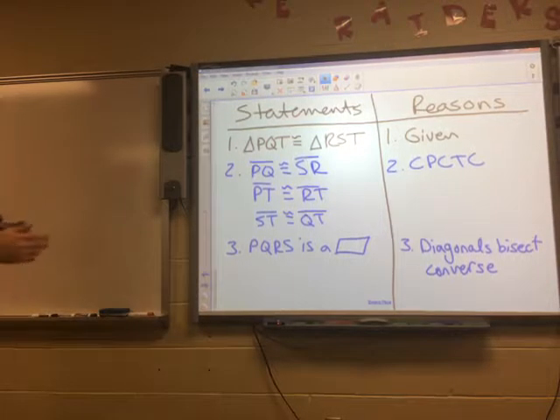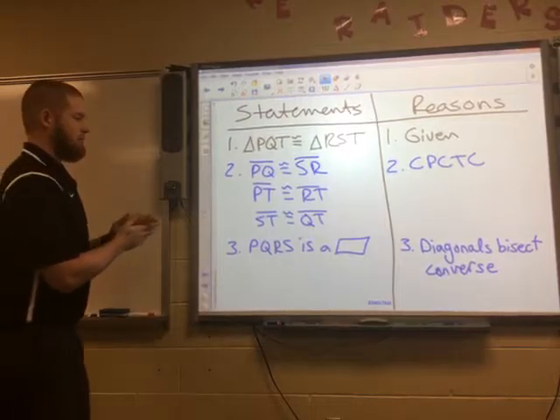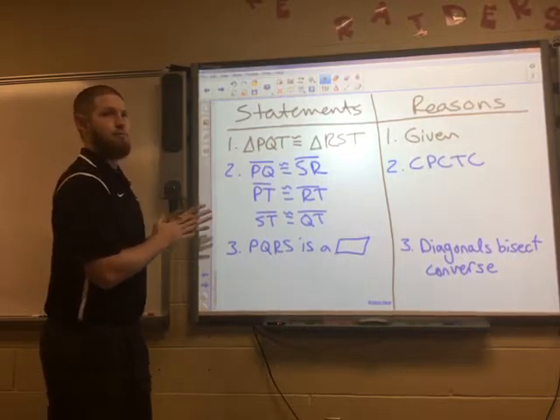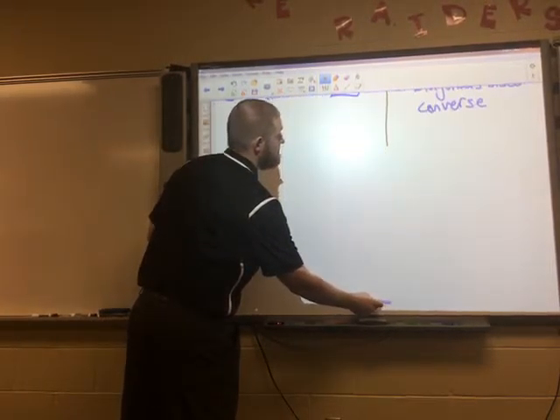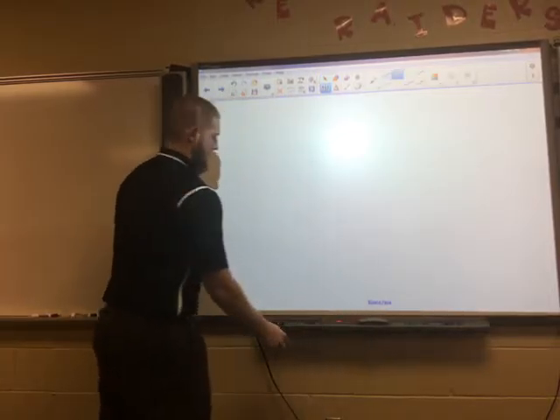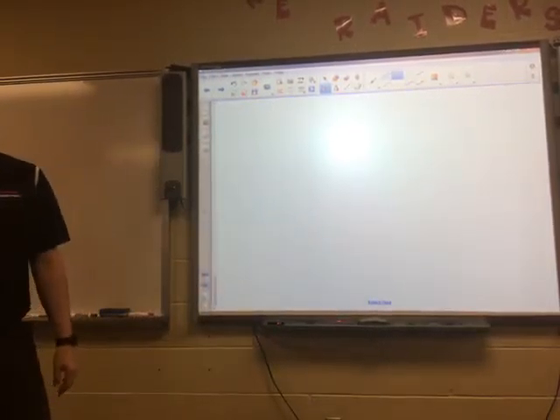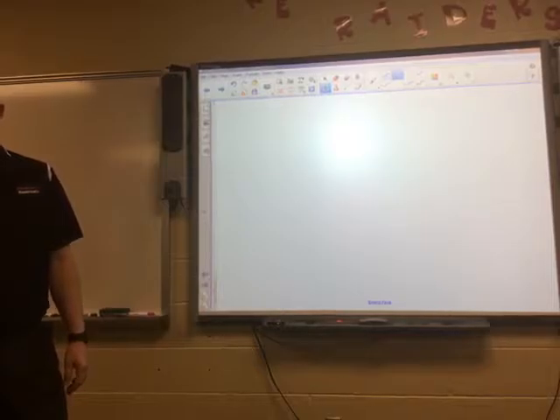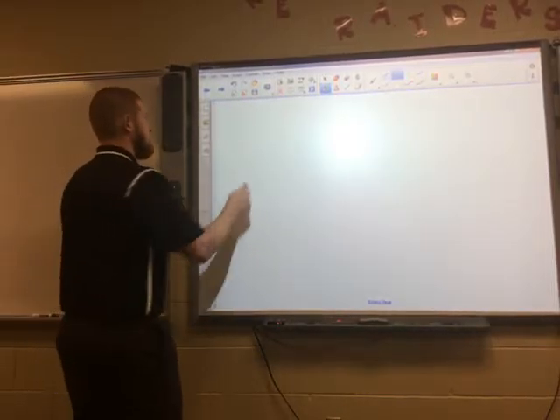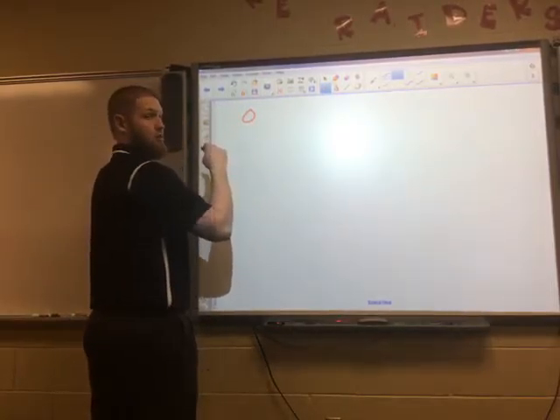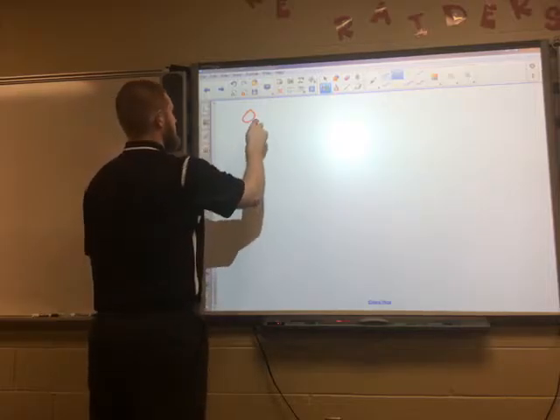Okay, I know we've had a lot of theorems, but we do have 1 more. Okay, we ready for 1 more? The very last one that we have for this section is called opposite sides, and this is the last one underneath your parallelogram ones.